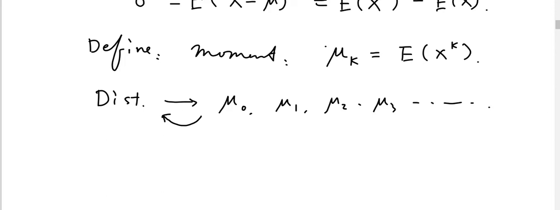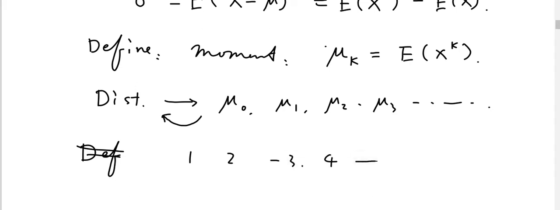From these numbers mu0, mu1, mu2, mu3, we can produce a polynomial. We define this polynomial. Suppose someone gives me some numbers like 1, 2, -3, 4.